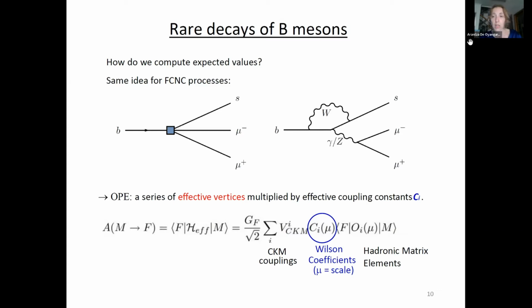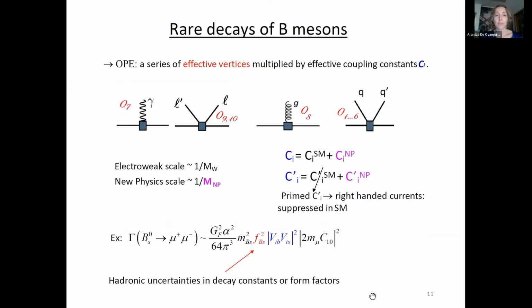I'm sure that you have been hearing a lot about this during these lectures, or if not, you will hear more for sure from Professor Virto. As I told you, the amplitude of a process is given by the CKM matrix elements that we were talking about already, these Wilson coefficients, which replace all these effects in a kind of effective vertex, and then the hadronic matrix elements, which are computed by lattice QCD.